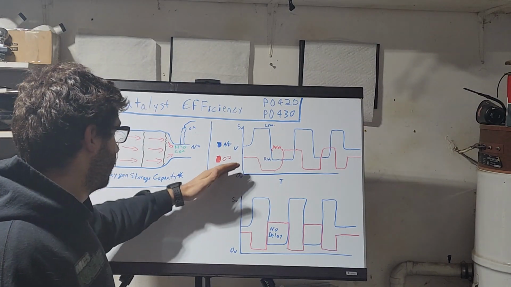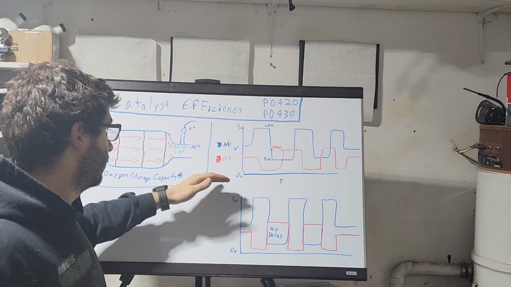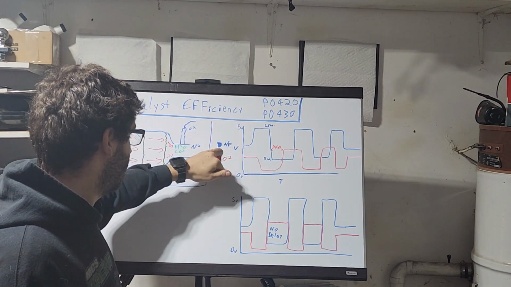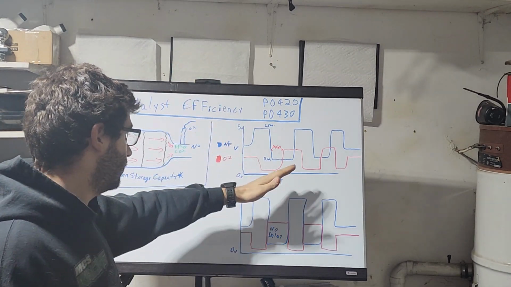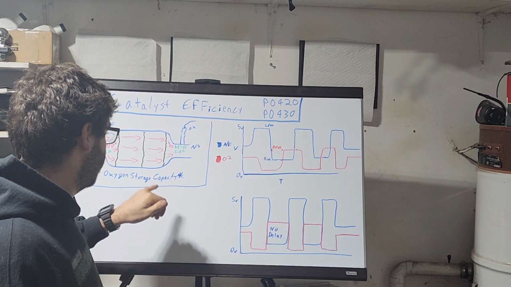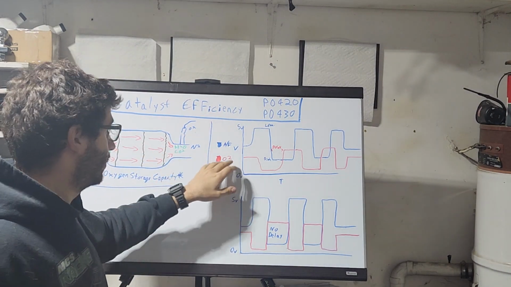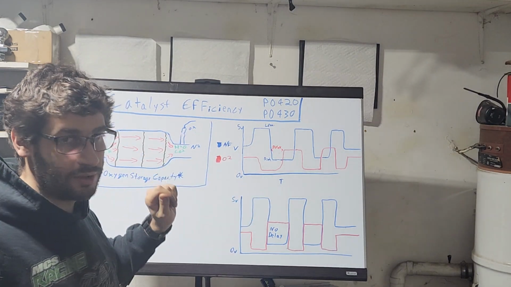When we pump a bunch of oxygen in by running the car lean, you can see a delay. The AF will respond immediately. And the O2 sensor, since it's behind, or if it's an AF sensor after the converter, doesn't matter. Whatever sensor is at the back of the converter is going to have a delay.